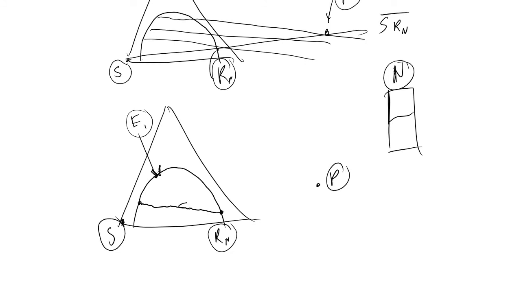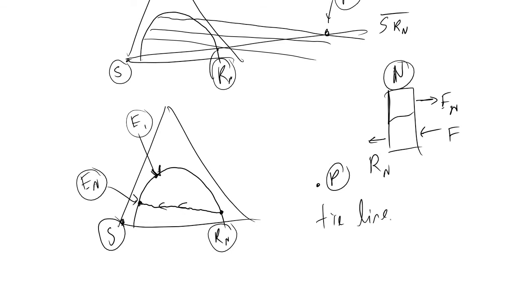So this will be E_n, coming in here will be your feed, exiting will be your retentate composition R_n. With these values, we will now know what the point E_n is. So our tie lines tell us how we move to the left.